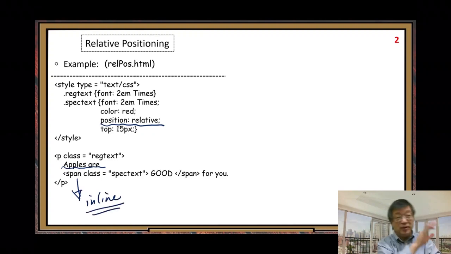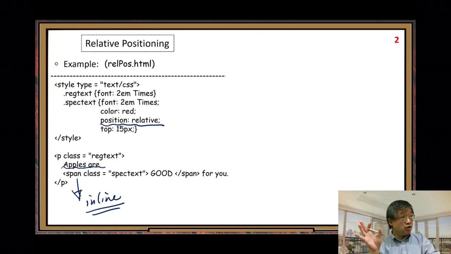You know inline element, right? It uses the current flow, you do not start from a new line. With the current flow, you have a default location. Relative to the default location, you make an adjustment. That's relative.